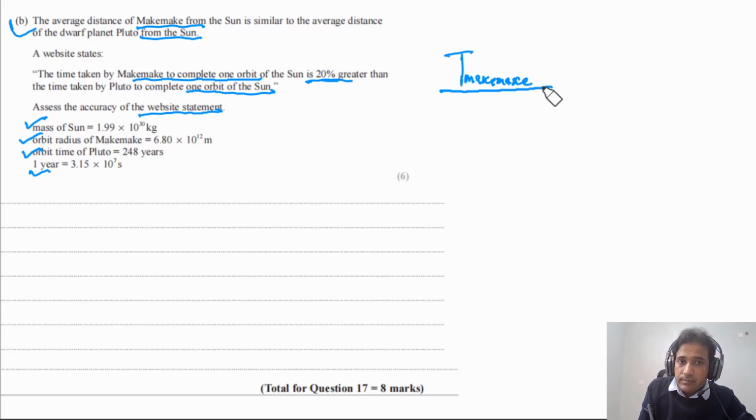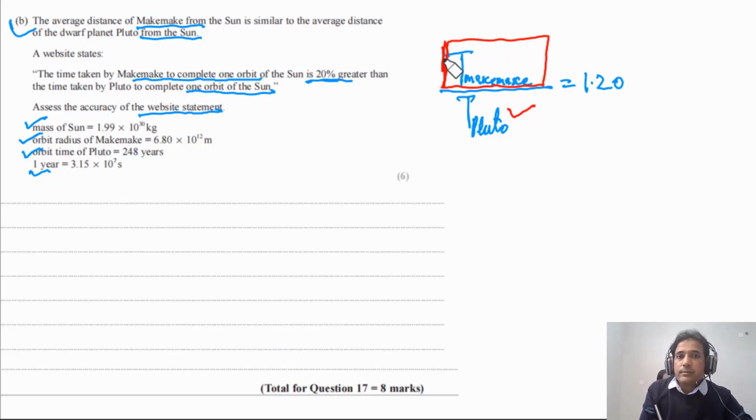If we divide the time period of Makemake by the time period of Pluto, meaning the time taken to complete one cycle, this ratio should be equal to 1.20, meaning 20% more. If the time period is the same, it will be 1. As the time period is 20% greater, your answer should be 1.20. To reach this conclusion, we have the time of Pluto, so we need to calculate the orbital time of Makemake. Then we can plug in here and find the answer.